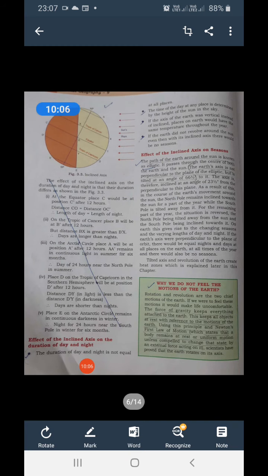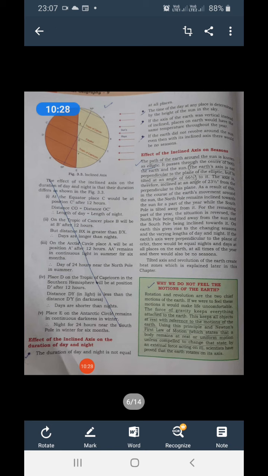So here they have mentioned, now you will see some portions I have cut out, so you don't have to learn that. Above that, they have given you a diagram showing an inclined axis, which I have already shown you earlier. Now we come to the effects of the inclined axis on the duration of day and night.